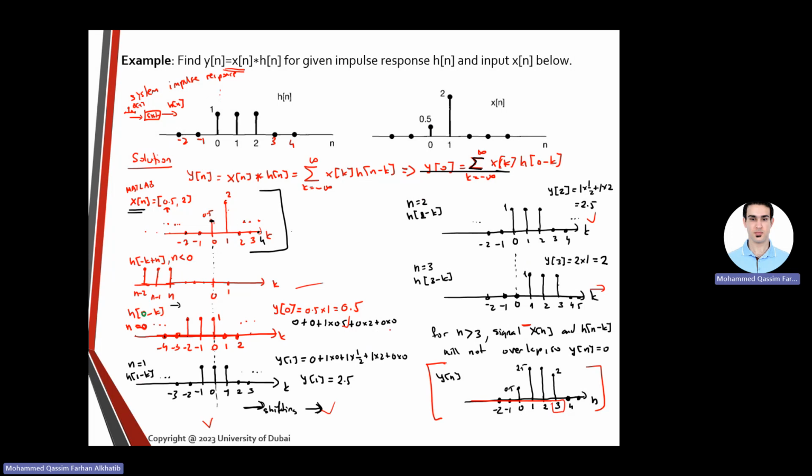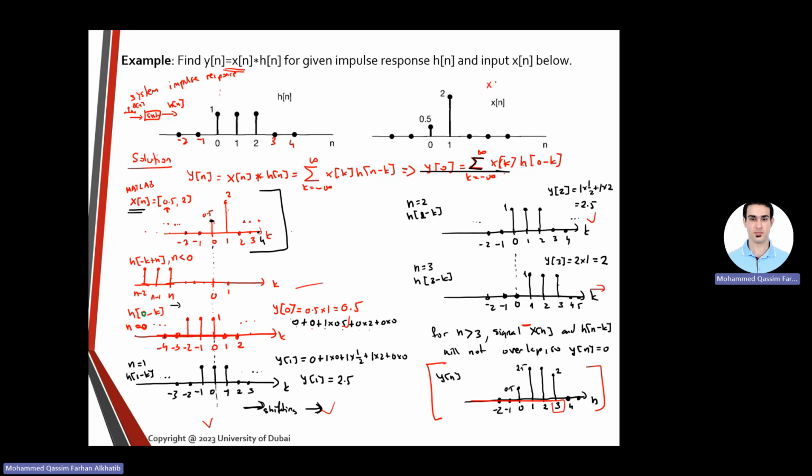Okay, so this slide is not very clear. So y of 0 is this one. Basically you have the summation over k of x of k, h of 0 minus k.